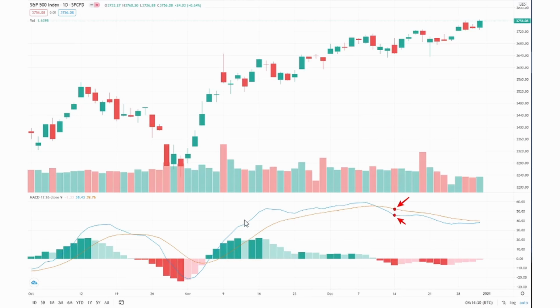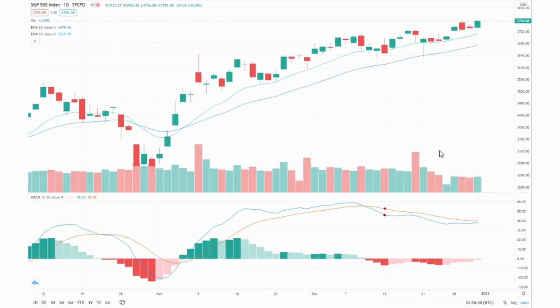So for this example, we're going to be looking at the MACD for the S&P 500. Here is our MACD lines. The yellow one is the MACD signal line, and the blue line is the MACD line. We're going to calculate each point in the line for December the 14th. We're going to begin by calculating December the 14th on the MACD line. To do this, we're going to need the 26-day EMA and the 12-day EMA.